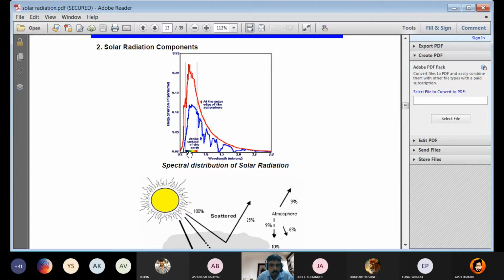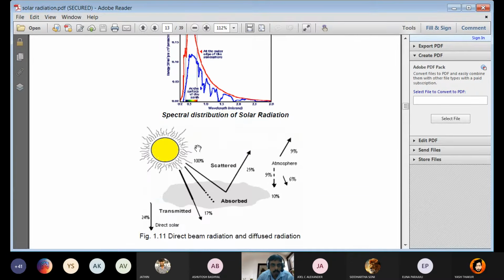The wavelength variation and the corresponding energy you can see in this picture. Most of the energy is available in the visible spectrum, VIBGYOR, you can see here. Beyond the VIBGYOR we have the infrared and other spectrum, where the comparative energy is less. So most of the energy we get in the solar spectrum is in the VIBGYOR region.